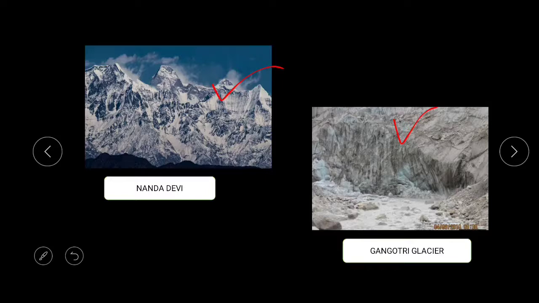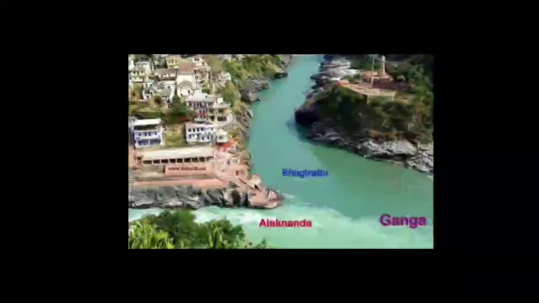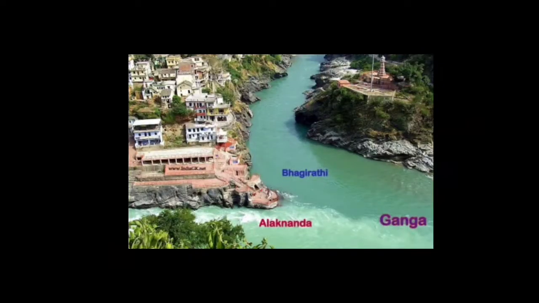Later it flows down and joins the river Ganga. The river Alkananda and Bhagirathi meet at a point called Dev Prayag, and they form the Ganga.